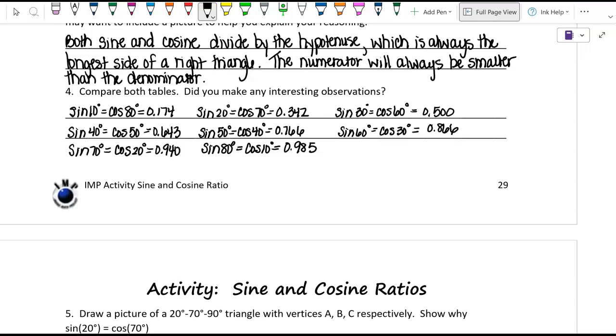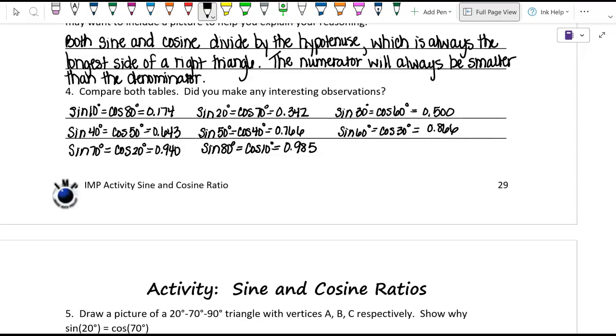What is 20 plus 70? What is 30 plus 60? Each of these combinations has to add up to 90 degrees. We're going to talk about why in a few minutes. Yes, they're working in opposite directions of each other, so when one's at the low end of its spectrum, the other one's at the high end to get that same ratio.